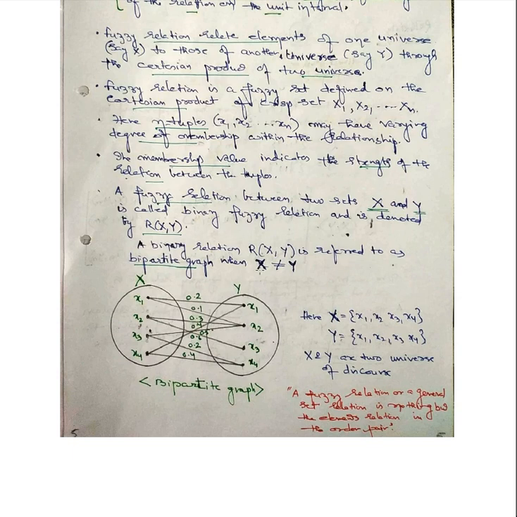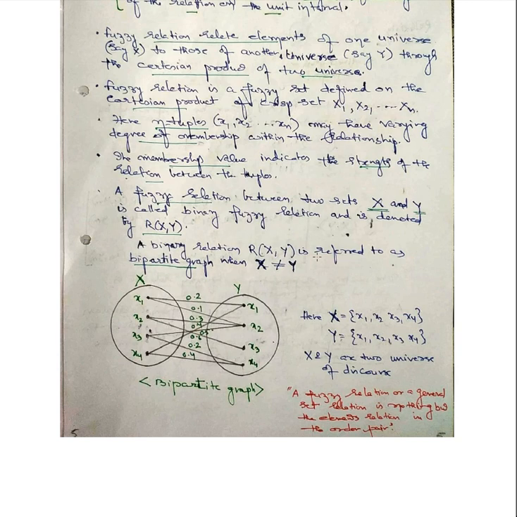But if something is not mapping, there is a difference between the two sets. So that difference is put under the class of the constrained relations.